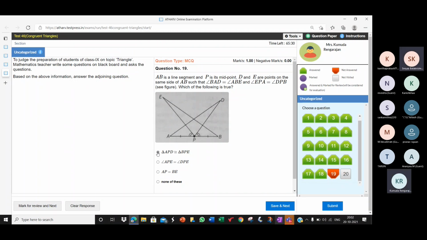APD congruent to BPE. Correct. APD is congruent to BPE. I do say that. Okay, that's right.